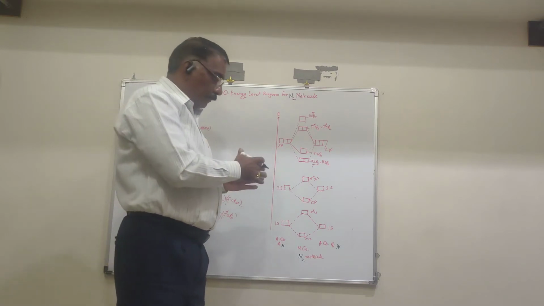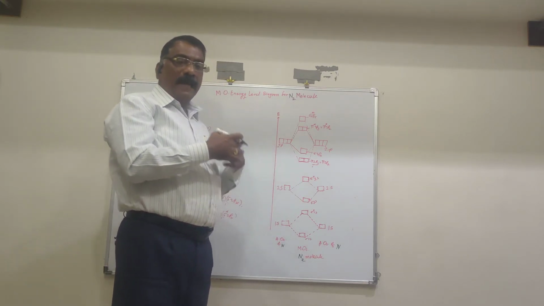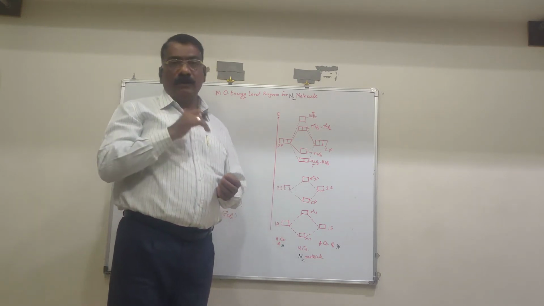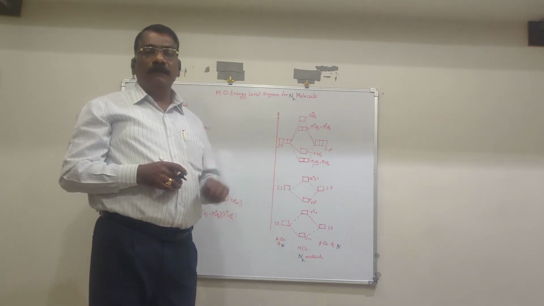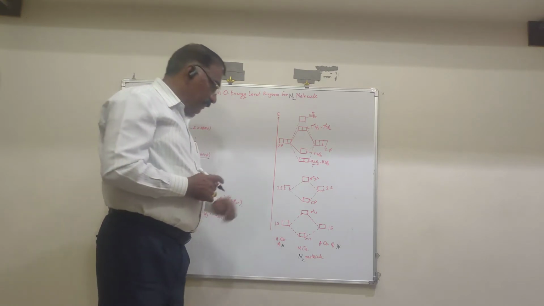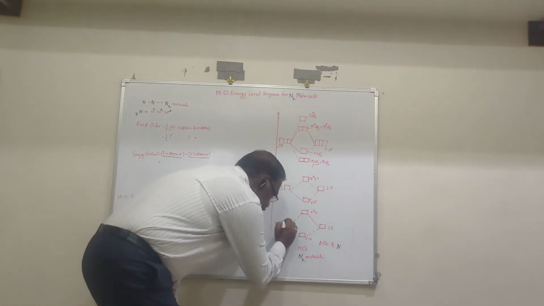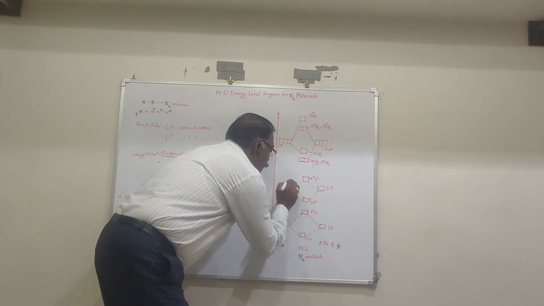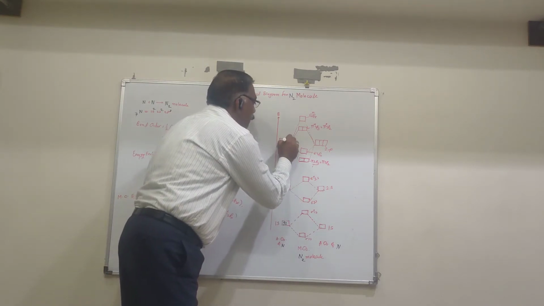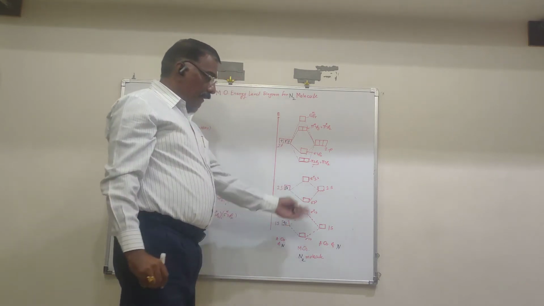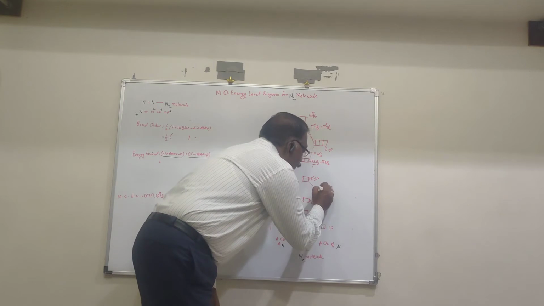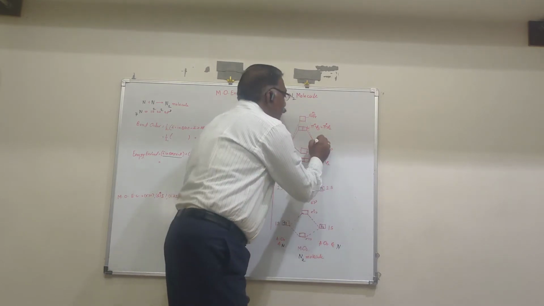Once these molecular orbitals are formed, the electrons present in the atomic orbitals will enter into the molecular orbitals. The first nitrogen has the electrons 1s2, 2s2 and 2p3. The second nitrogen also has 1s2, 2s2 and 2p3.